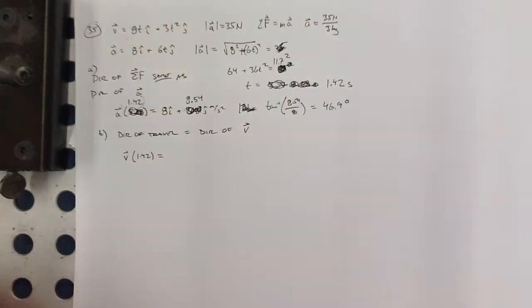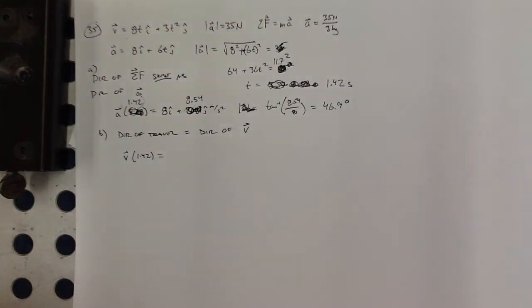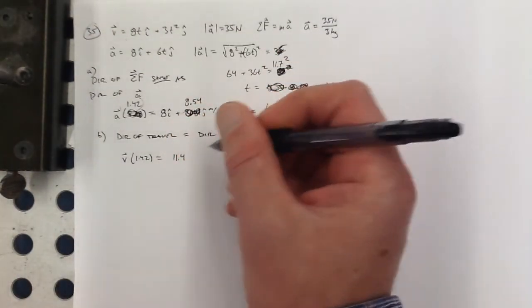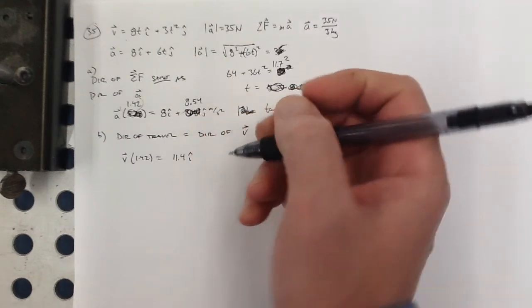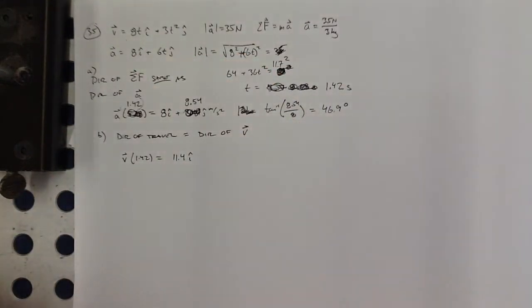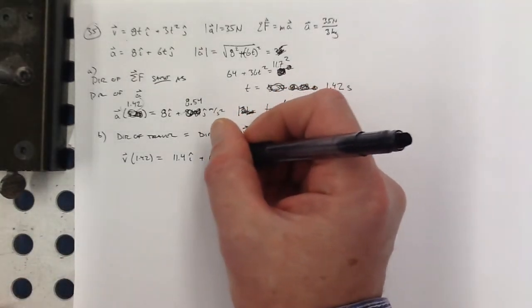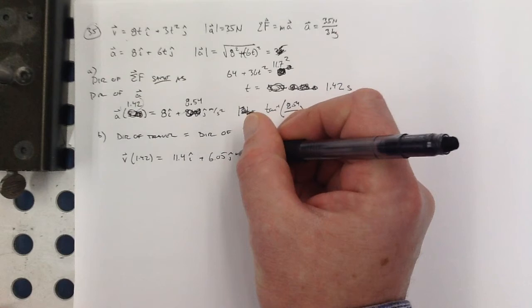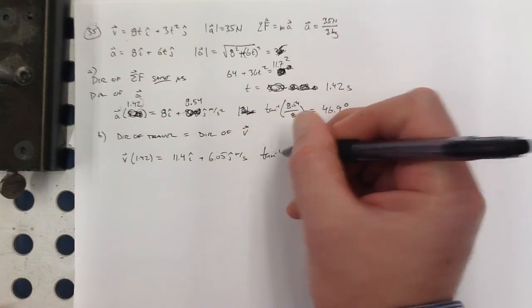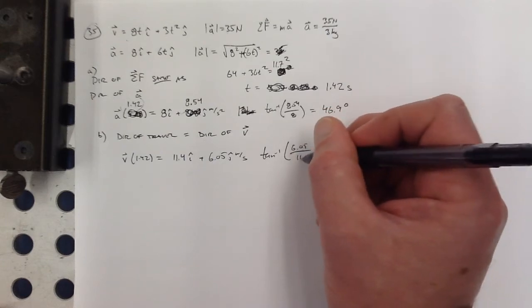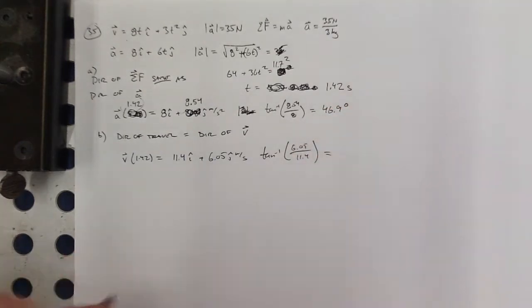It is 8 times 1.42, 3, 2 squared. Well, the direction is tangent inverse 6.05 over 11.4.